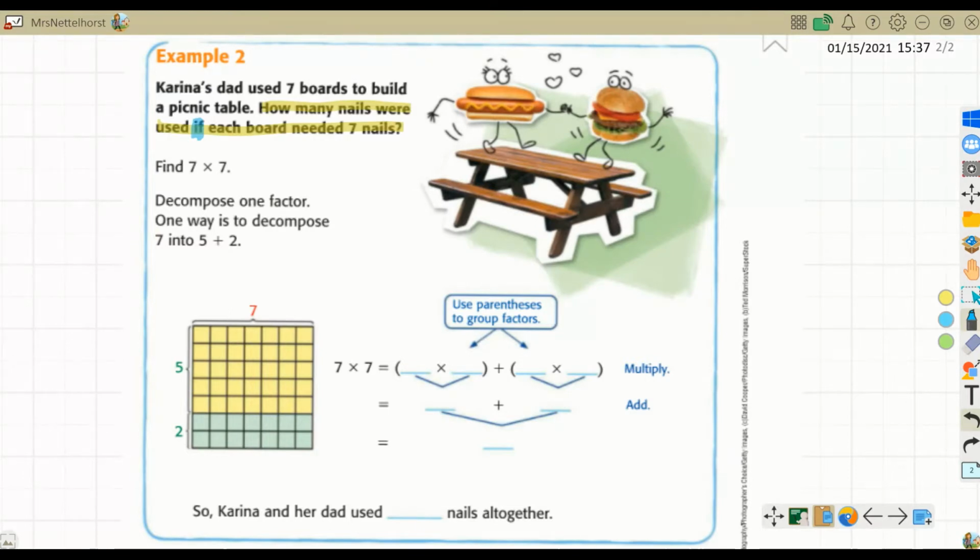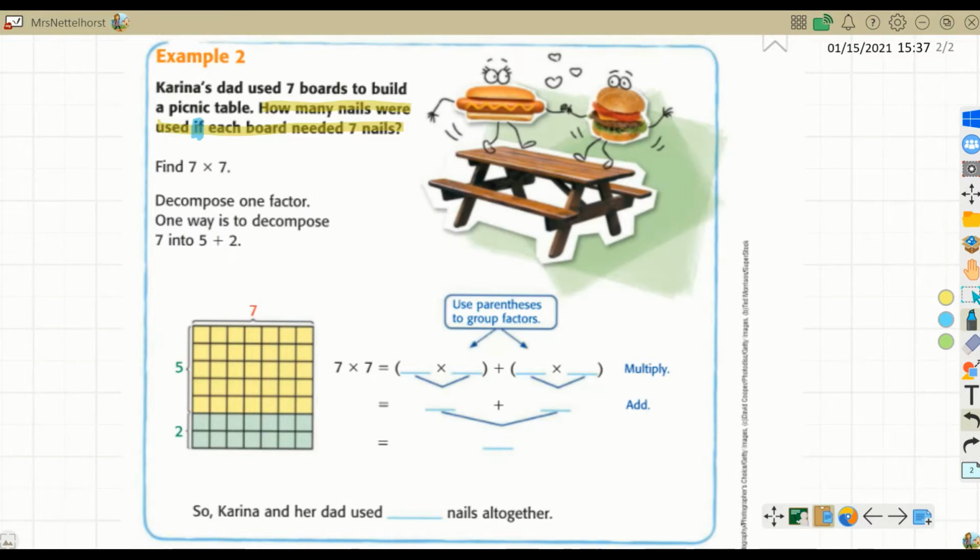If each board needed 7 nails, okay, so now I know I've got 7 boards and each board needs 7 nails. So now I'm going to read it with the question. I'm going to read all of it, the way that it's written. Karina's dad used 7 boards to build a picnic table. How many nails were used if each board needed 7 nails?